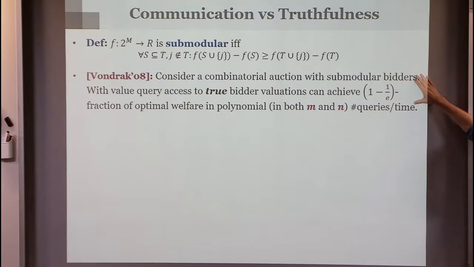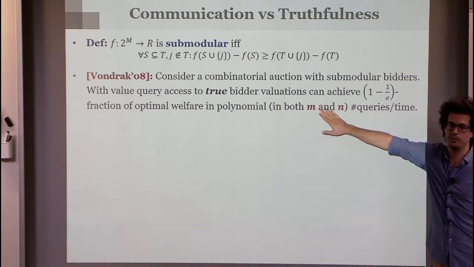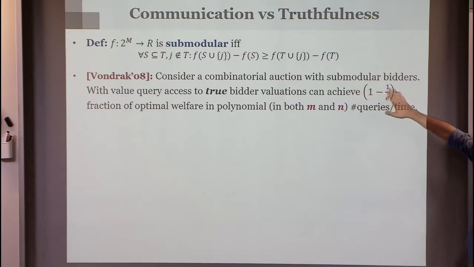This is an incentive-free claim. If you have access to the true valuation functions, then you can, in polynomial time in both the number of bidders and items, achieve a constant fraction of the optimal welfare. Now the question is, what happens if you introduce incentives?